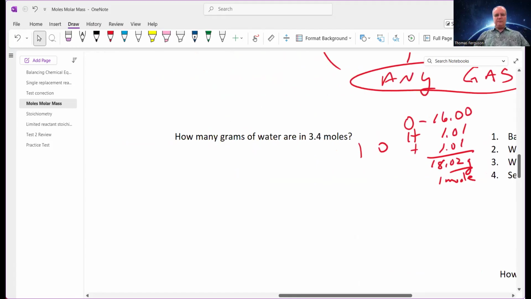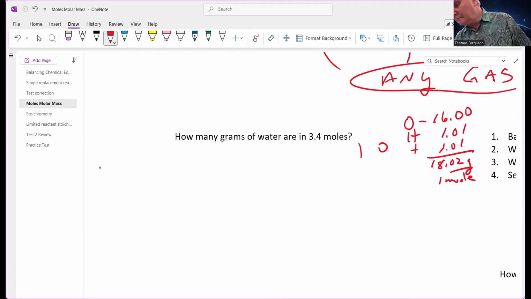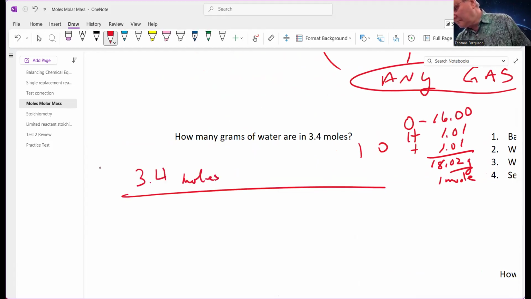Okay, how many grams of water are in 3.4 moles? What's given? And what are we trying to calculate? Grams of water.